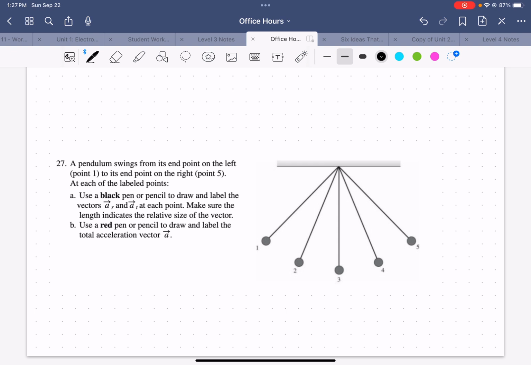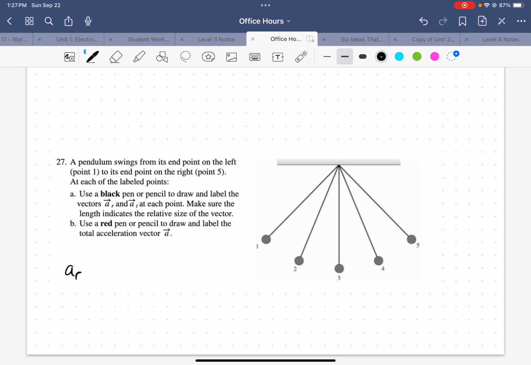All right, so let's just go through and look at the radial acceleration first. So now we actually have to know something about how to quantify radial acceleration. The magnitude of the radial acceleration of an object will be equal to the square of the speed of the object divided by the radius of its path.